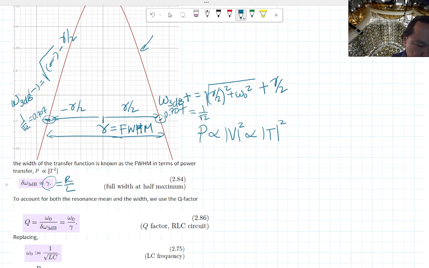Of course, this frequency is not exactly useful yet, because let's say you're trying to transfer something at 1 megahertz, right? Let's just say that. And then your delta omega 3 dB is 2 pi times some delta f, some frequency that you're interested in.